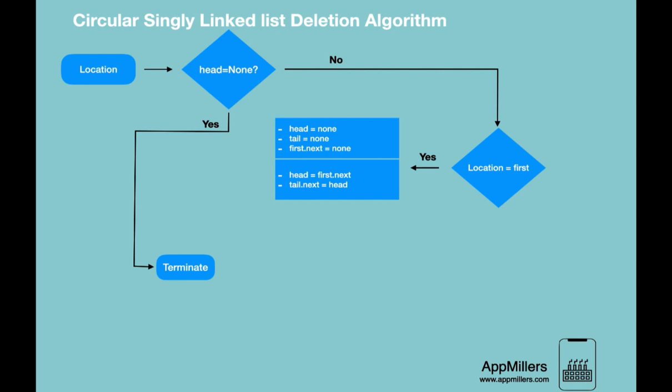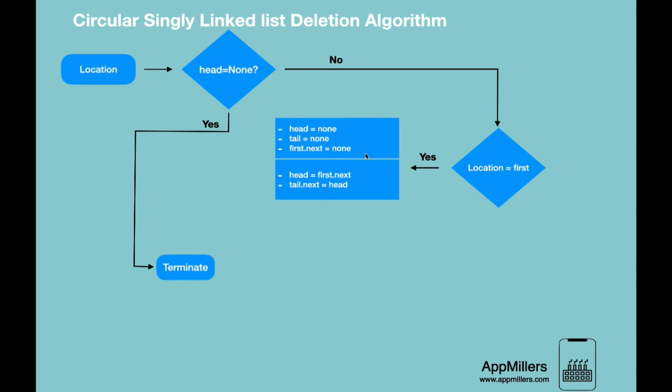The first reference comes from head, the second reference comes from the tail, and the third reference comes from itself, so it's referencing itself. Now in this case, if we set all these references to None, the node becomes eligible for garbage collection, so garbage collection comes and deletes it. So as a first case, we are setting all these references to None.